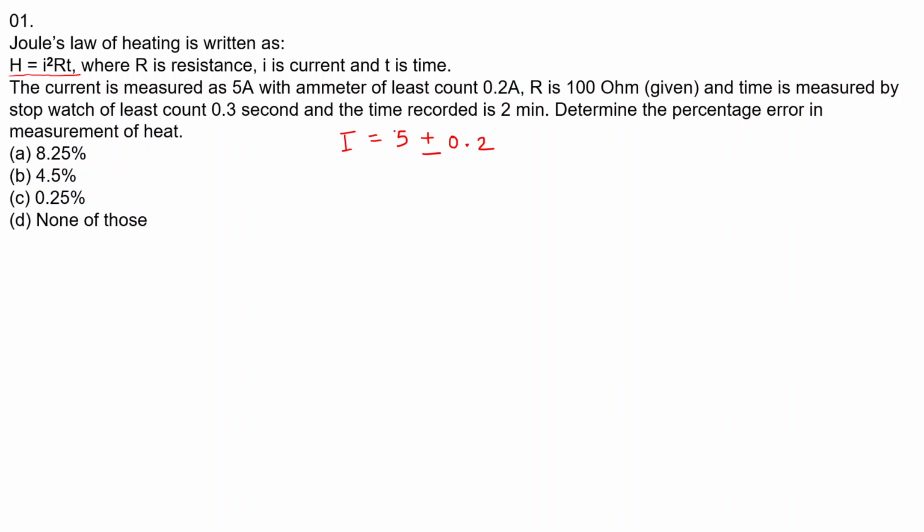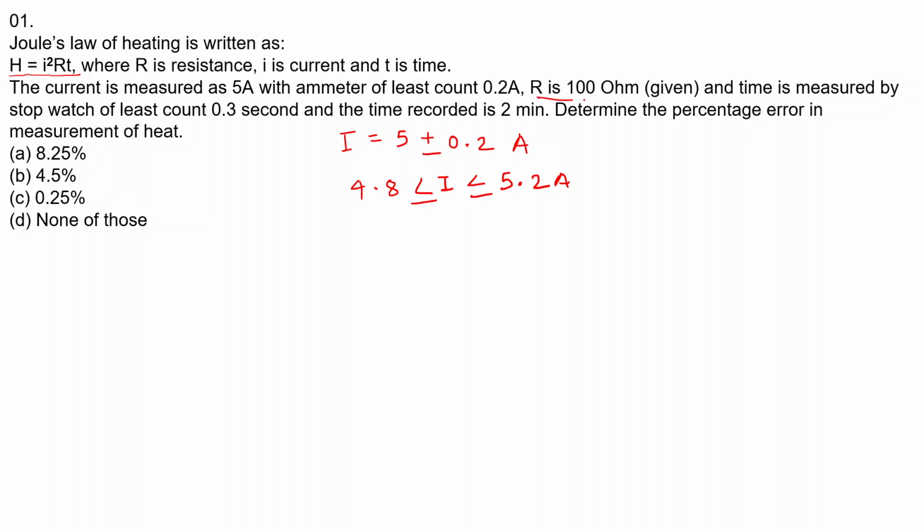The value could be 4.8 ampere, so the actual value could be between 4.8 ampere and 5.2 ampere. So the current is 5 plus minus 0.2 ampere.